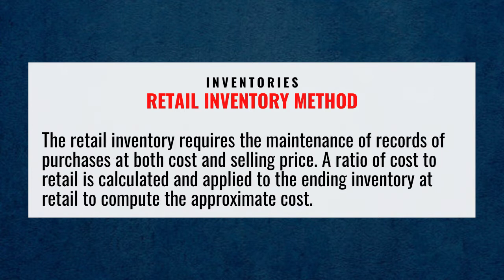The retail inventory method requires the maintenance of records of purchases at both cost and selling price. A ratio of cost to retail is calculated and applied to the ending inventory at retail to compute the approximate cost.